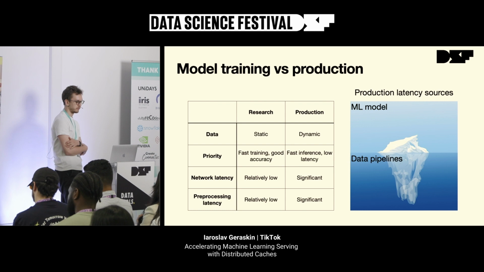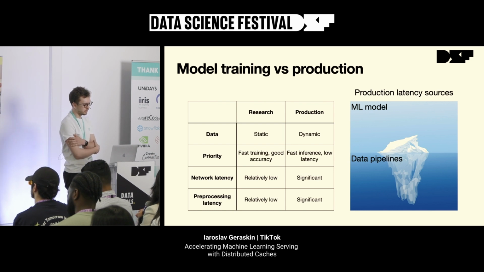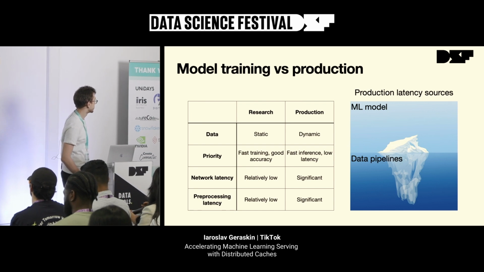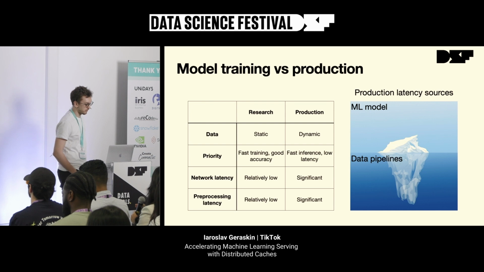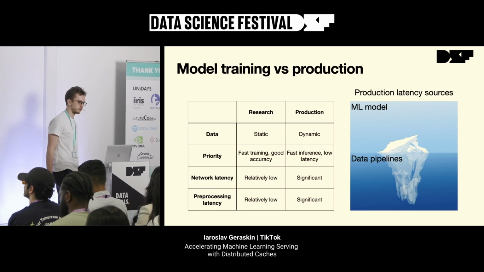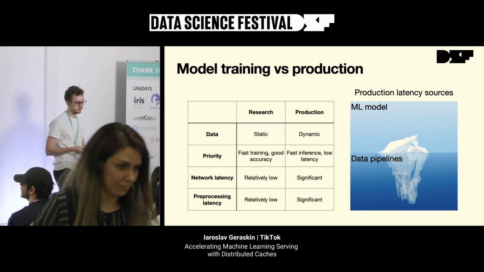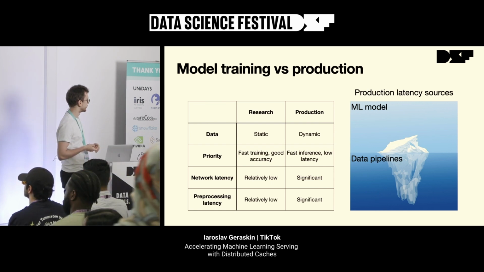And compared to research or model training, data becomes more of a problem in production environment because it changes a lot, and it takes a lot of time to process it because we don't have it in advance, and we have to reply fast to the requests that users make.